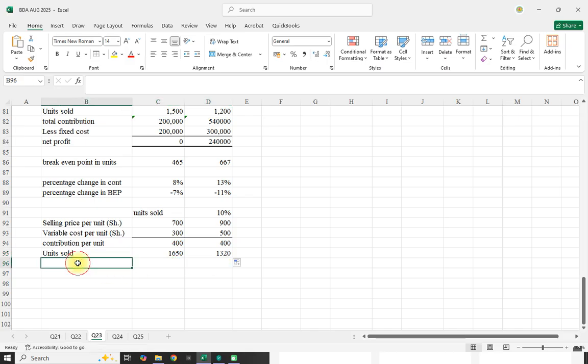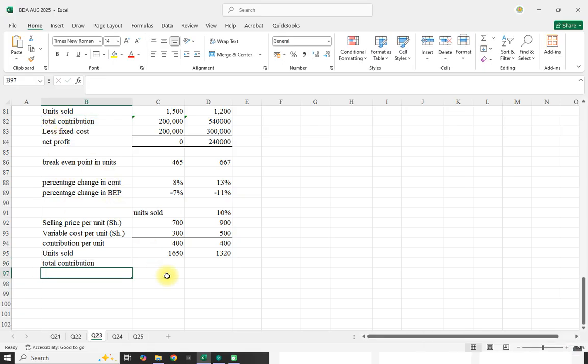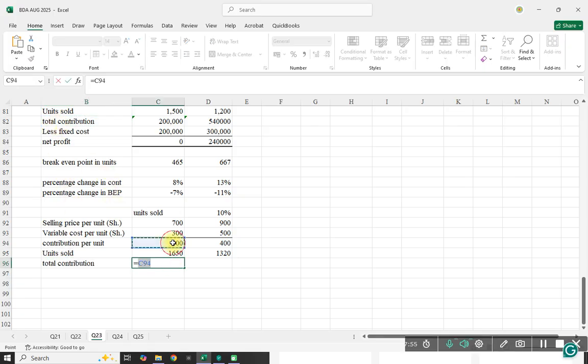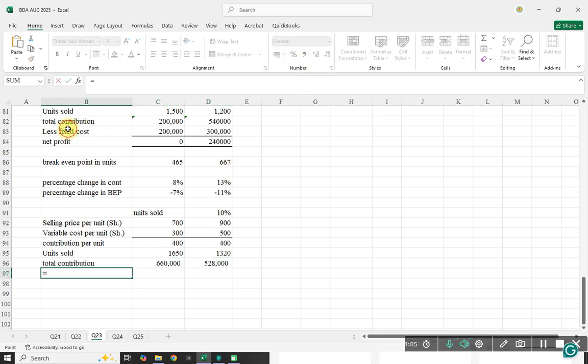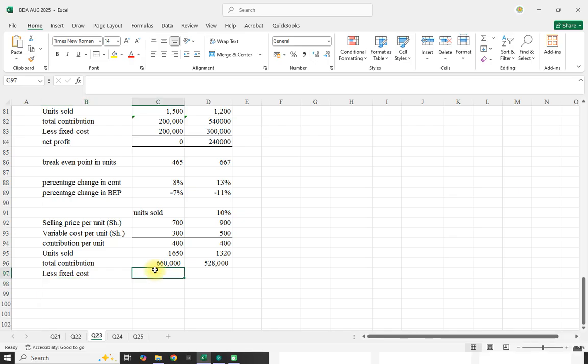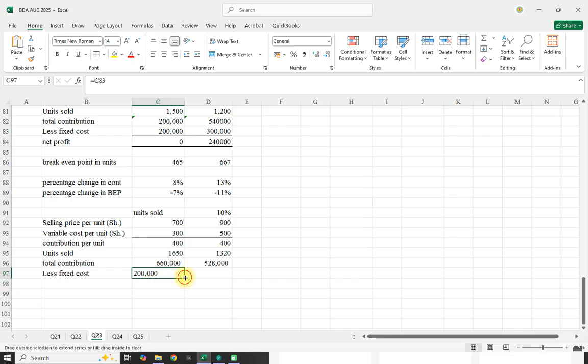So the total contribution here will be this by this. After total contribution we less the fixed cost, and here the fixed cost will remain. Remember, fixed cost is not changing, it will remain, and you get the net profit.